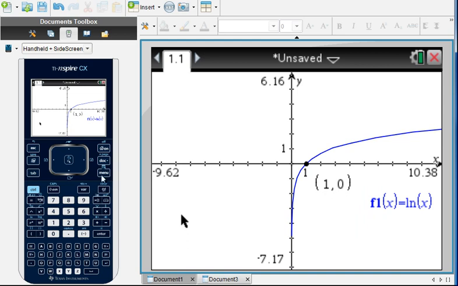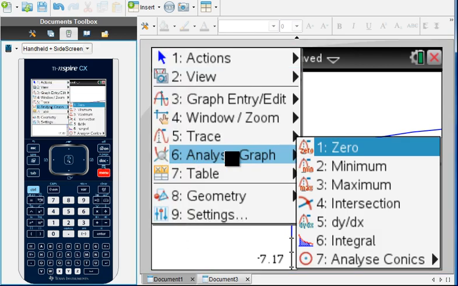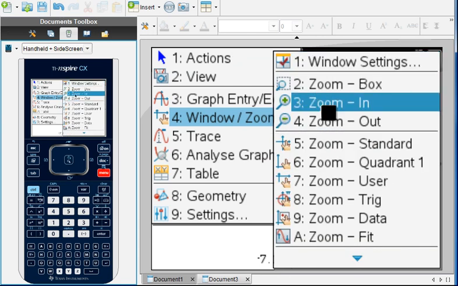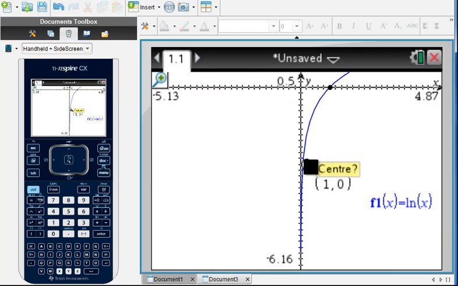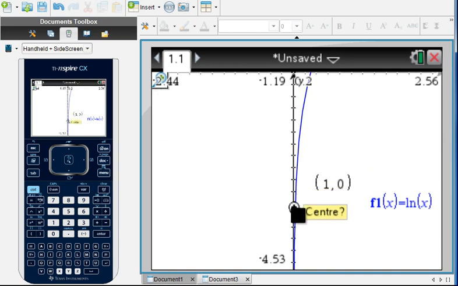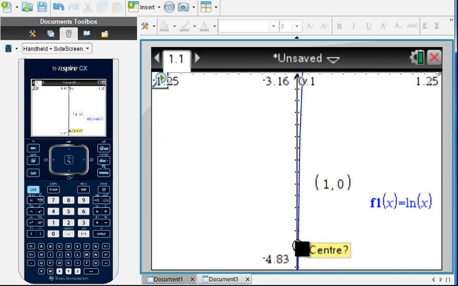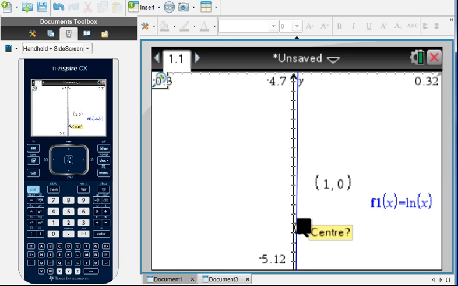here, but it will never touch the y-axis. So let's zoom in closer to the y-axis. If we zoom in, we see that it never touches the y-axis.